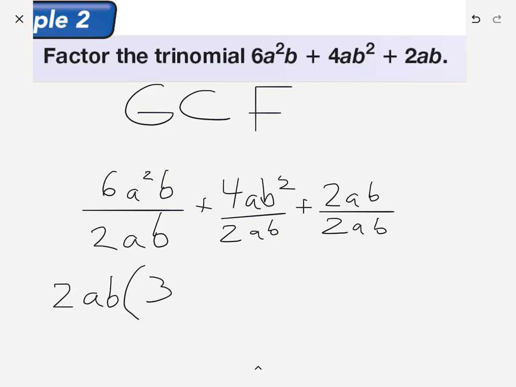And then you can do a little cross-canceling there, ends up getting us 3a. Then 4 divided by 2 is, yes, you guessed it, 2.